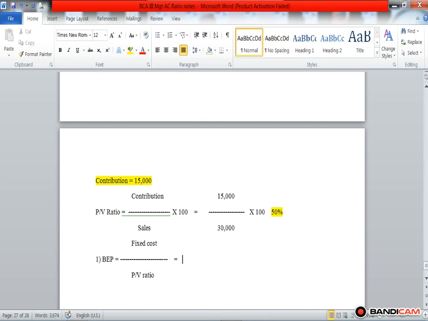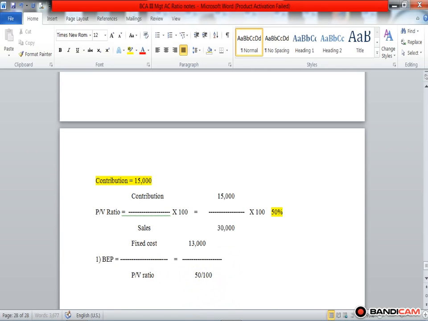Here fixed cost is equal to 13,000 divided by PV ratio. The PV ratio is 50%. How do we write it? We write 50% as 50 divided by 100.